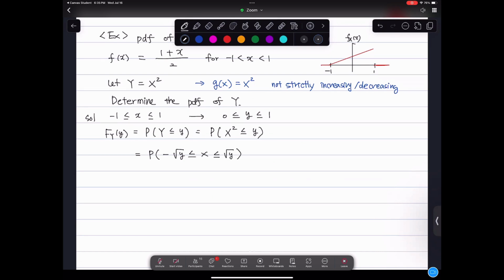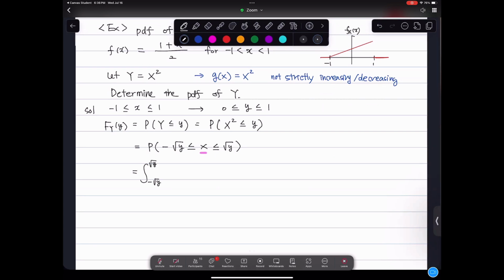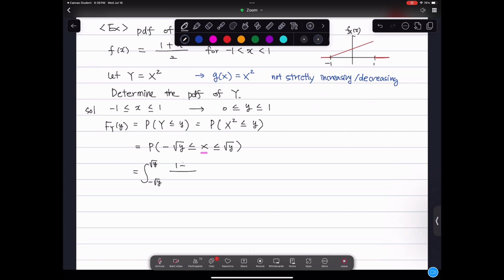So it becomes that you integrate your PDF of x, here is my x variable, from negative square root of y to positive square root of y of your PDF of x, which is 1 plus x over 2 dx.